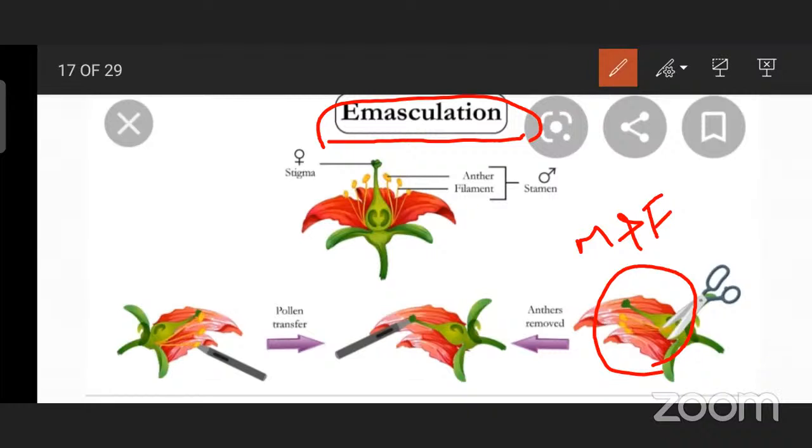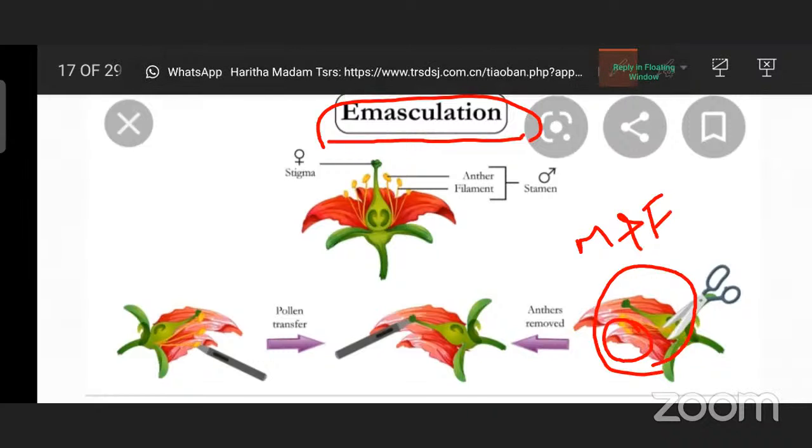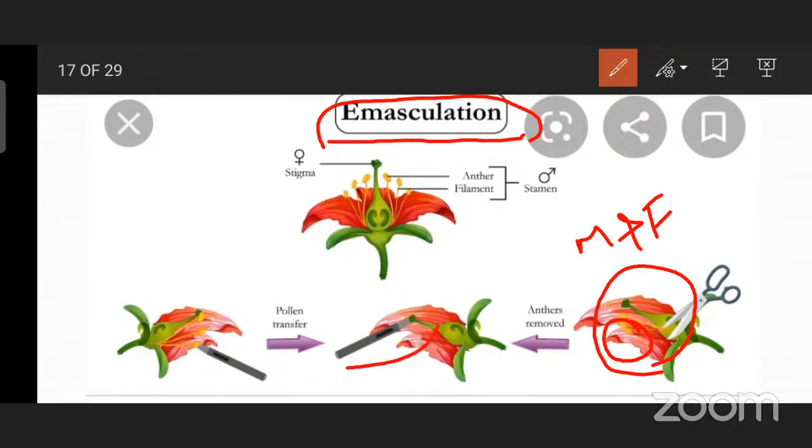Example, hibiscus, scientific name Hibiscus rosa-sinensis. In the female parent, removal of anthers from the flower bud before anther dehiscence using a pair of forceps is necessary. This step is referred to as emasculation.